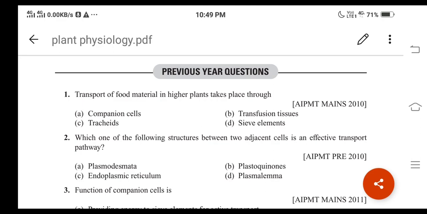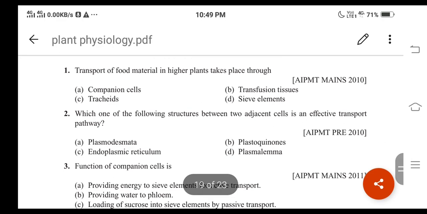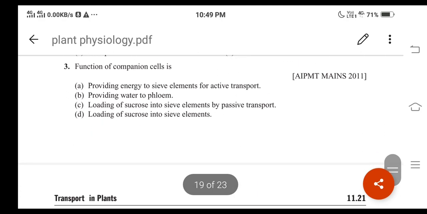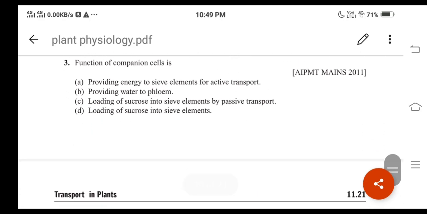The next one is question number 3. The function of companion cells is, what are the different options here? Providing energy to sieve elements for active transport, providing water to phloem, loading of sucrose into sieve elements by passive transport, and loading of sucrose into sieve elements.